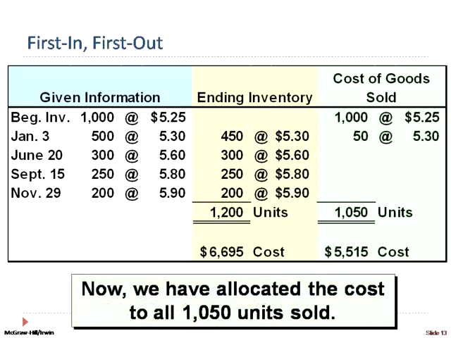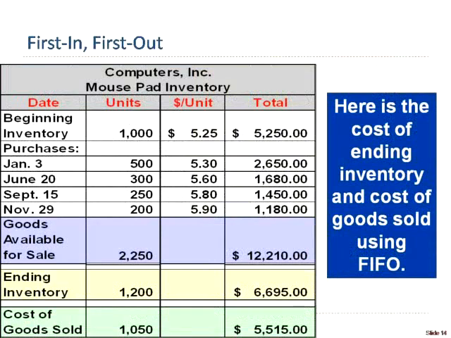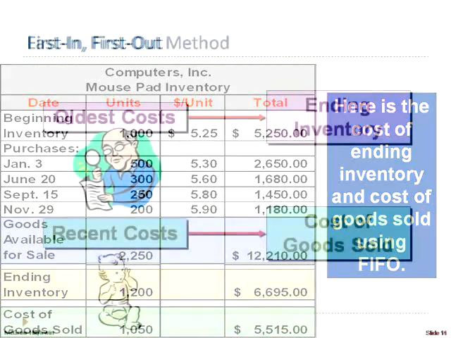As you can see, we used the first units in from the beginning inventory and then added 50 units from the January 3rd purchase to account for the 1,050 units sold. The cost of goods sold amounted to $5,515. Here is the completed inventory worksheet using the first-in, first-out method that shows the cost allocated to ending inventory and cost of goods sold.